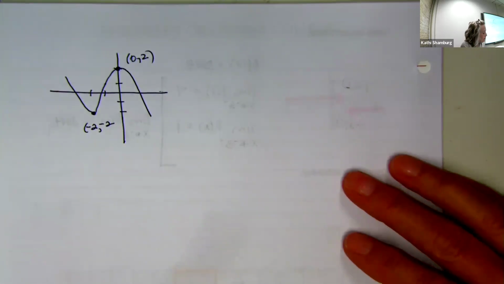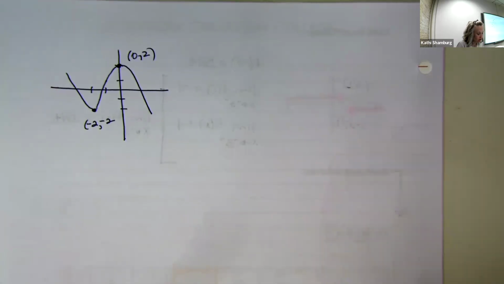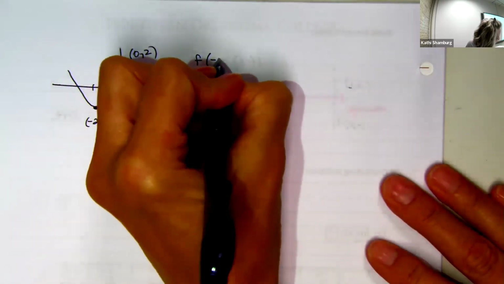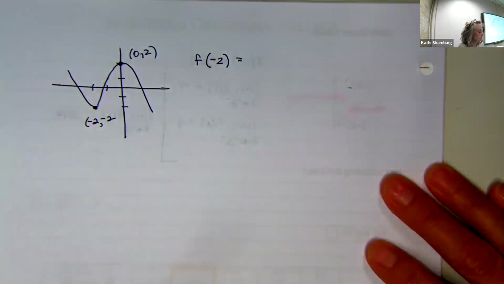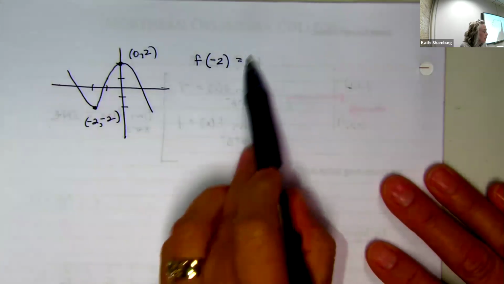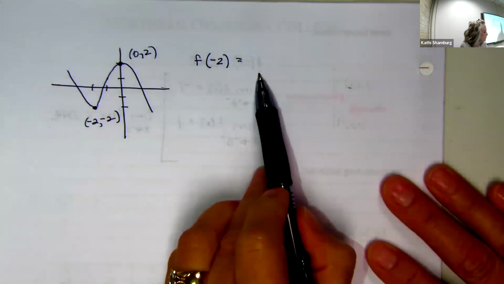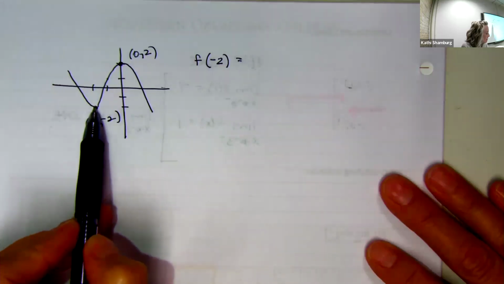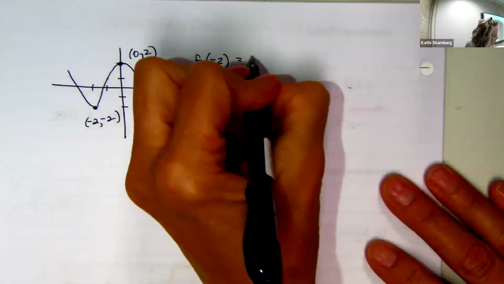Okay. All right. So here are some possible questions you might be asked. F at -2. When x is -2, what is your output? It's right here, this point. When x is -2, here on the graph, its output is -2. This answer would be -2.